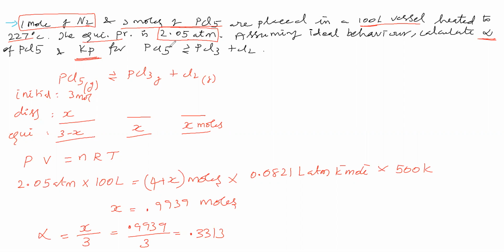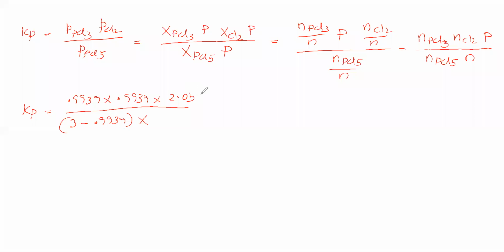Otherwise, you can substitute 2.05 atmosphere directly as the total pressure, the pressure of the equilibrium mixture. That means we have included N2, so in the total number of moles, include N2.